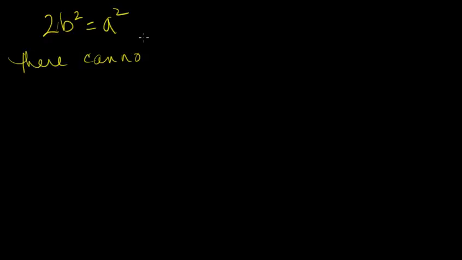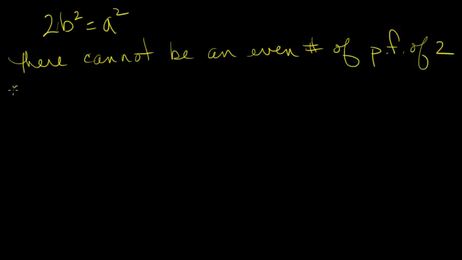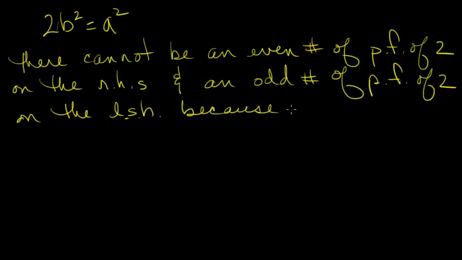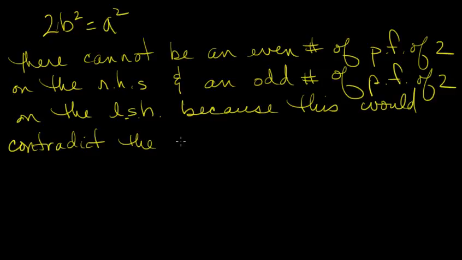There cannot be an even number of prime factors of 2 on the right-hand side and an odd number of prime factors of 2 on the left-hand side, because this would contradict the uniqueness of prime factorization.